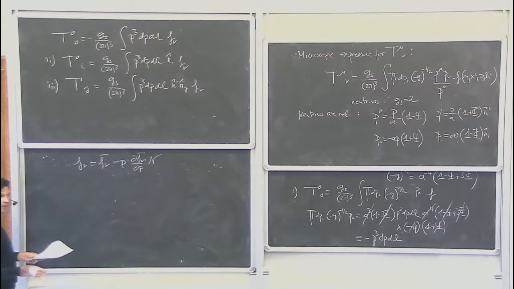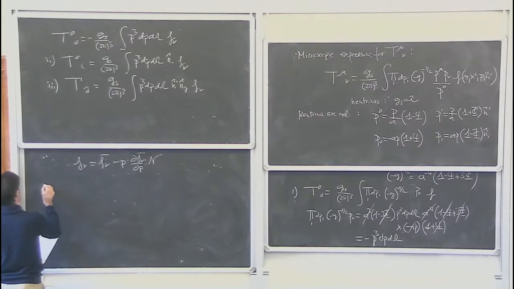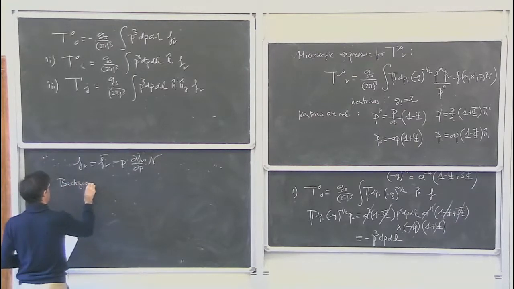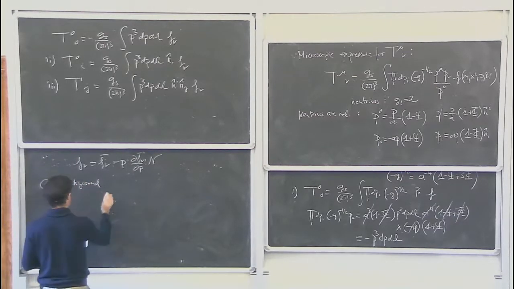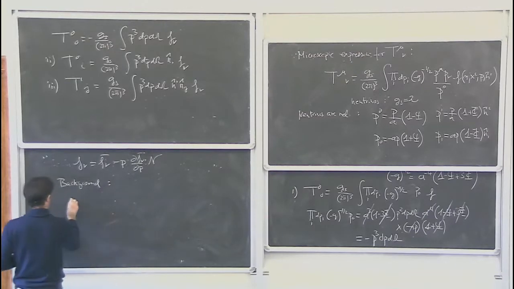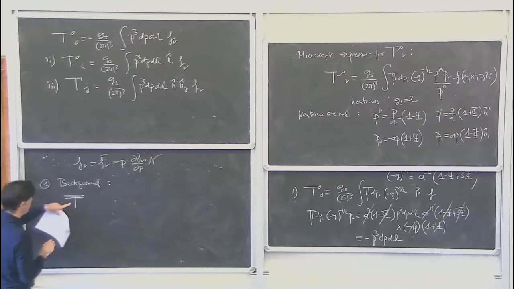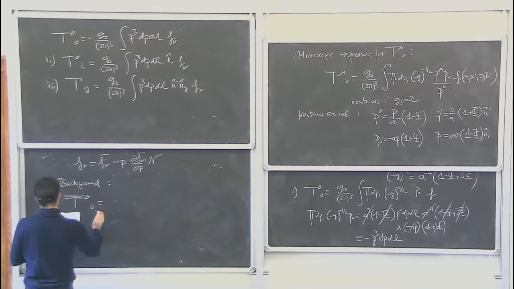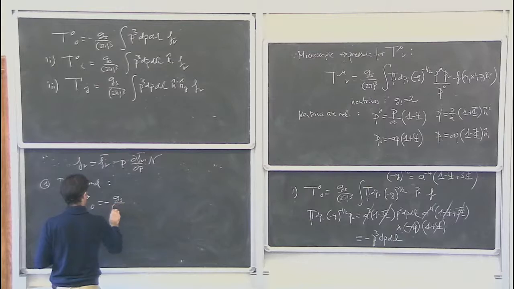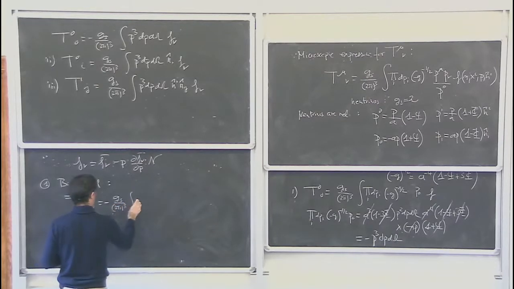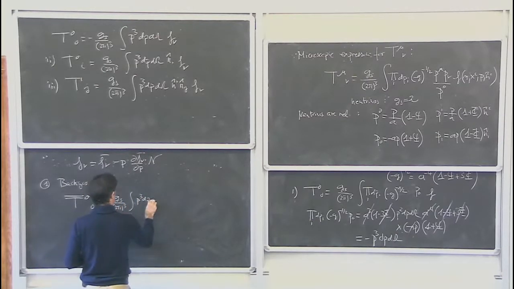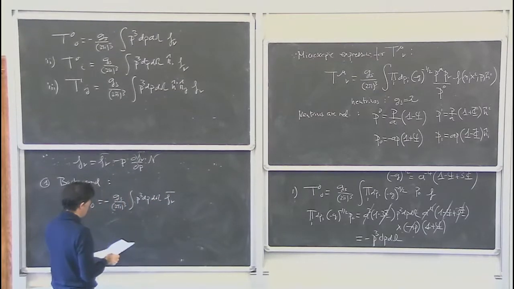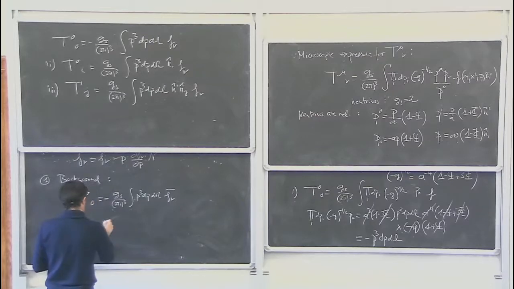First of all, what do I get at the background level? Let's make sure it's actually consistent with what we expect. So at the background level, I would have the average energy momentum tensor. So this is minus g_s over 2 pi cubed, integral of p cubed dp d omega f nu bar. f nu bar does not depend on the angle, so I can just do the integral.